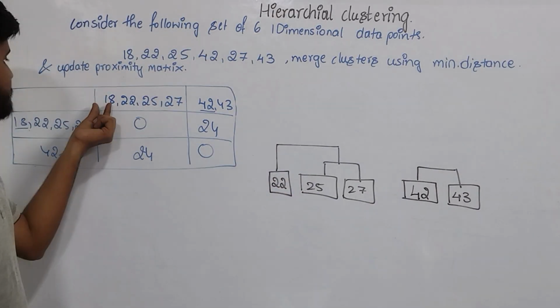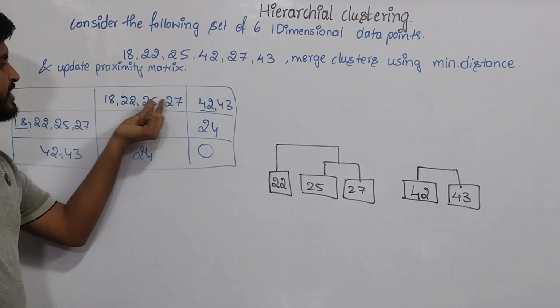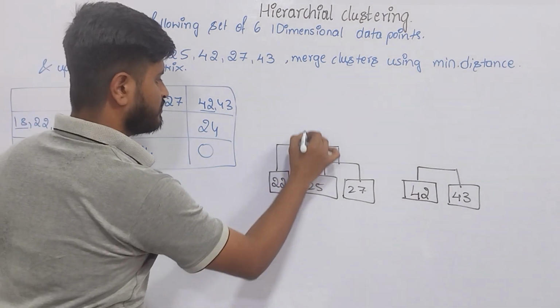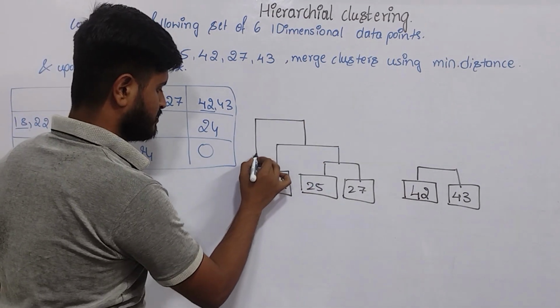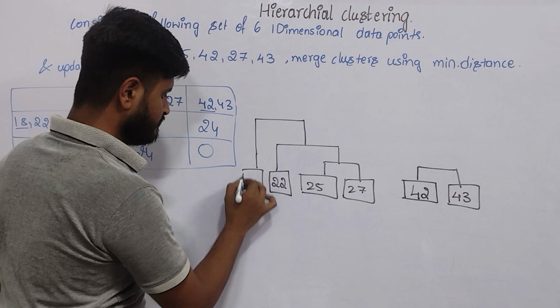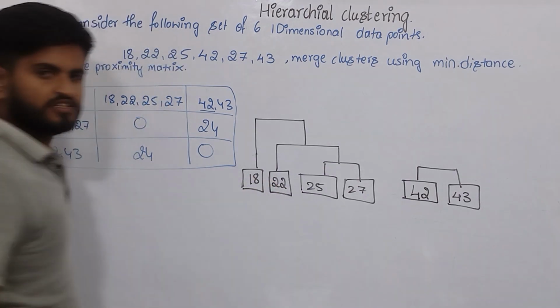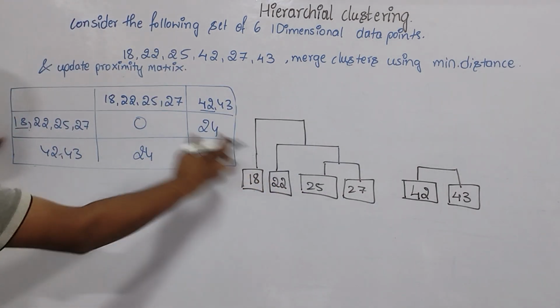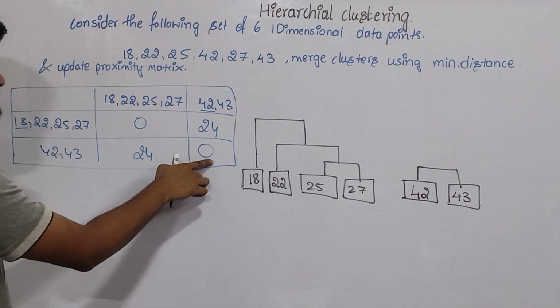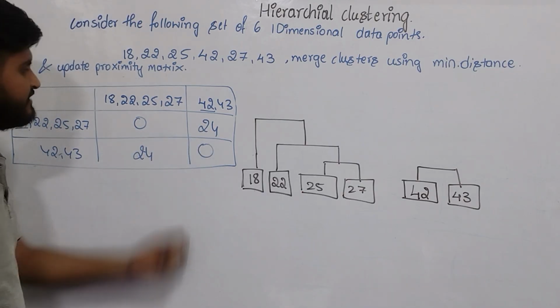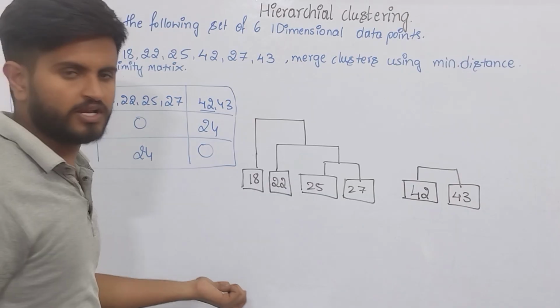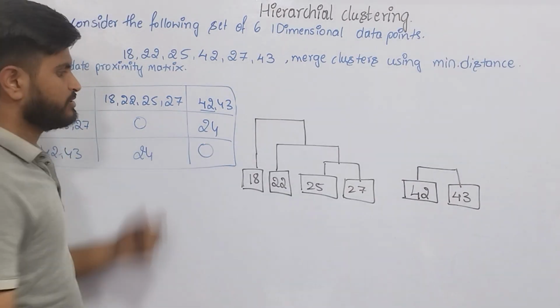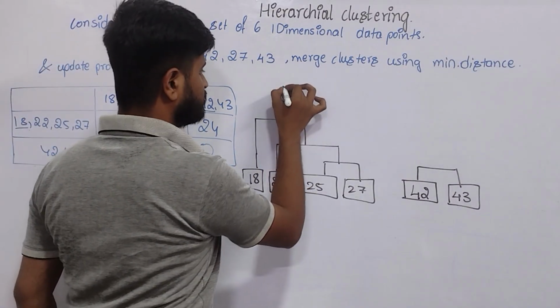Next, at the last step, we merged 18, 22, 25, 27. At the final step, we merged all of them because except 0, the only element which is left is 24 and it will be the smallest except 0. So we will be merging those two also.